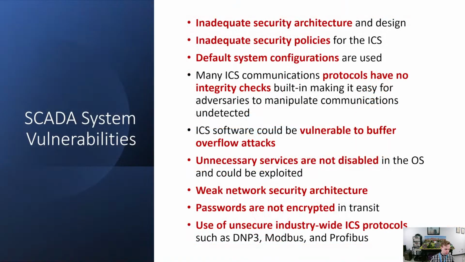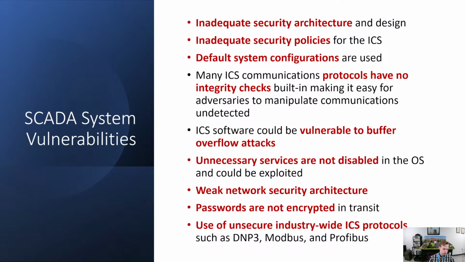And we can get into that. There are a lot of different vulnerabilities that these devices may have. Some common ones include inadequate security architecture, inadequate security policies, and default system configurations. The protocols that we talked about might not have any integrity checks, so you could send data to and from these devices, mock it and spoof it, and these devices would have no idea.